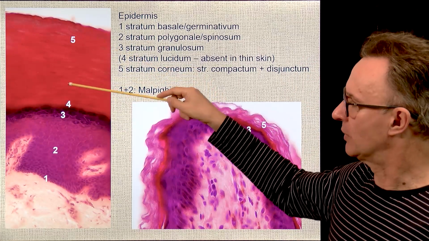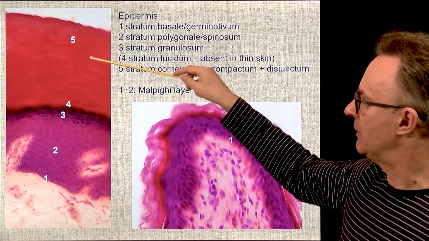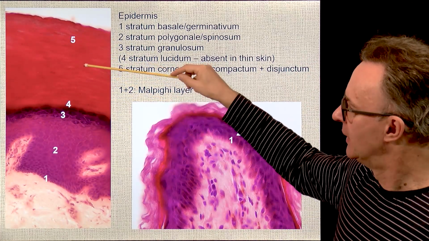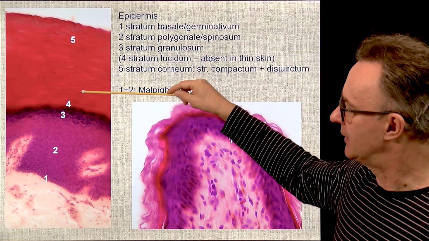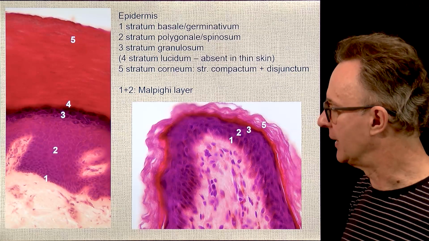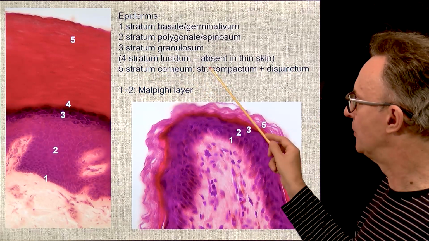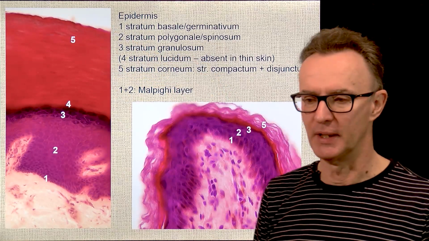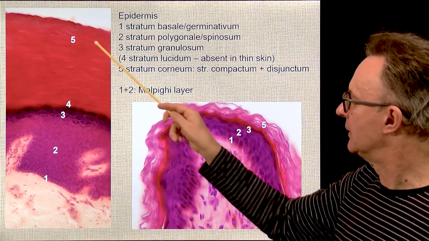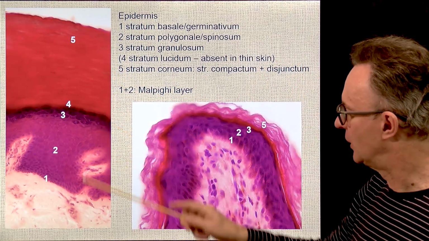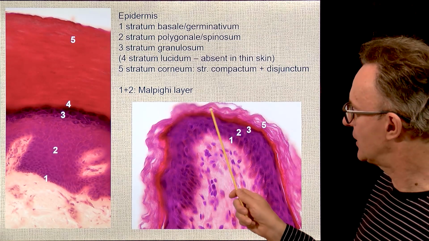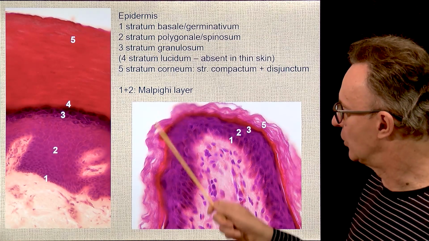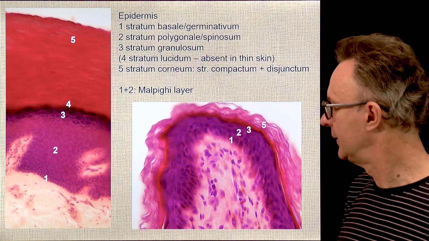The cornified layer can be further divided into two parts. One is quite compact and densely attached to the underlying layers, that is the stratum compactum, and the other, which starts to be shed, is the stratum disjunctum. This is not so well seen in this photo. In case of the thin skin, the lucidum is not so well seen, and the cornified layer is much thinner.